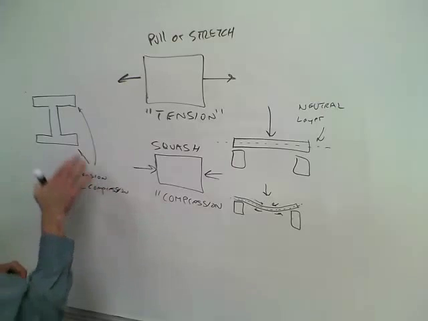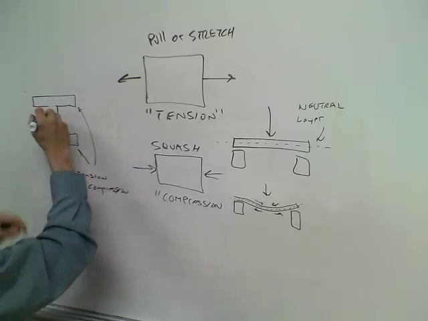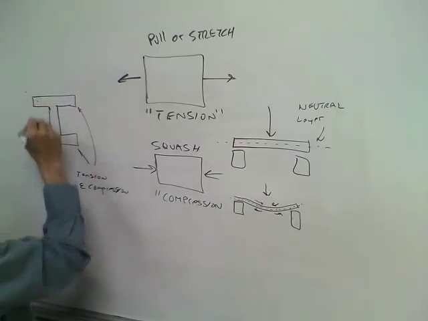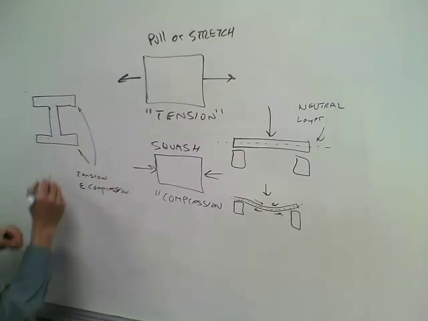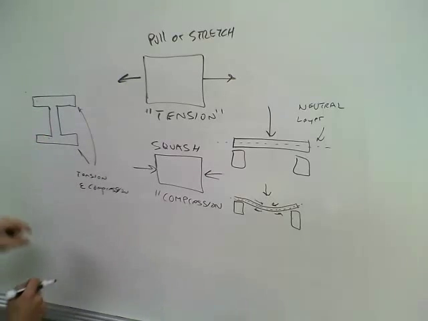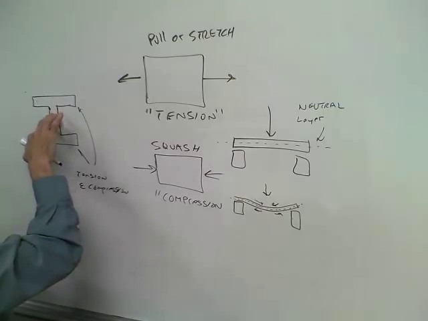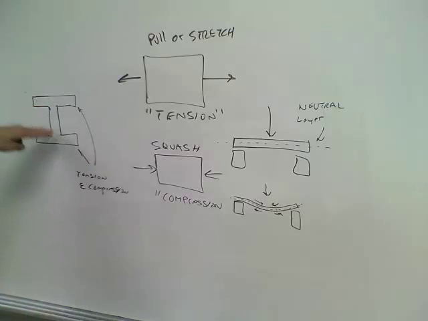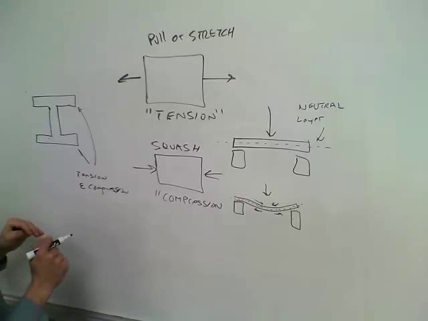These are called the flanges. And the middle part, or the web, doesn't. The middle of the web is just the connecting piece, and it undergoes very little force. It's just there to connect the top and the bottom that are undergoing all the tensions and compressions.